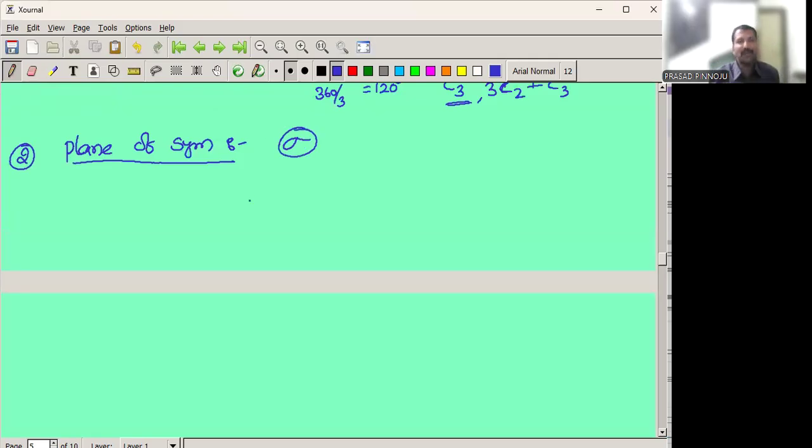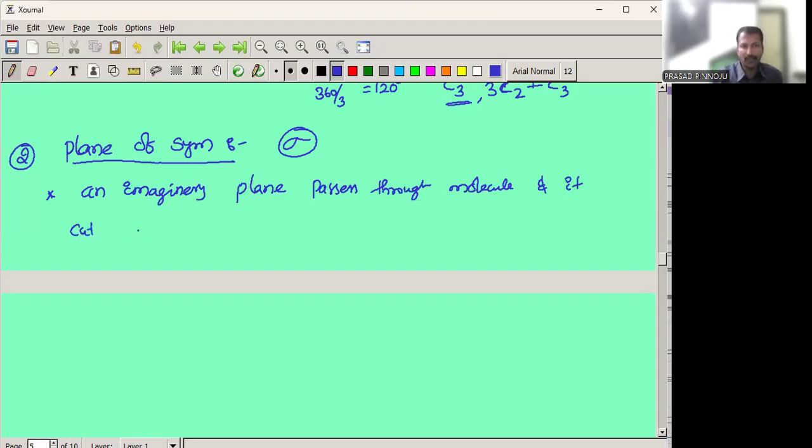In the above case what did I say, I said imaginary line. Here what I am saying is an imaginary plane. Imaginary plane that passes through the molecule and cuts the molecule into 2 equal halves. So when the molecule is cut into the 2 equal halves, then the plane is called a plane of symmetry.